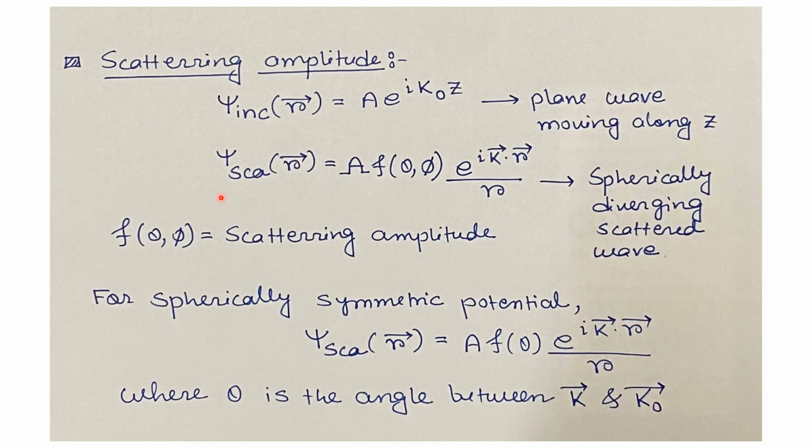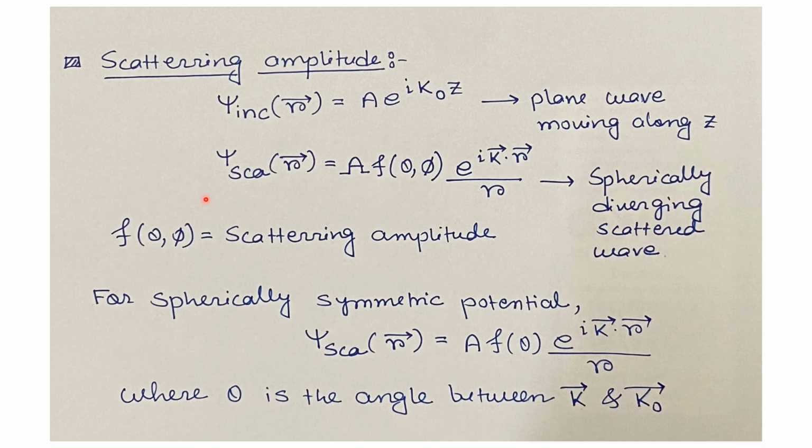In case of isotropic scattering, the scattered wave will be spherically symmetric. So then we'll have the scattered wave in the form of A times e to the power i k r divided by r. But in reality, the scattered wave is not spherically symmetric.